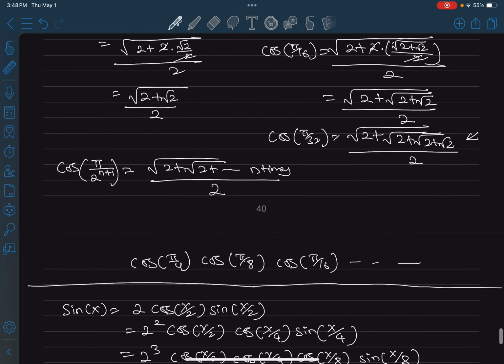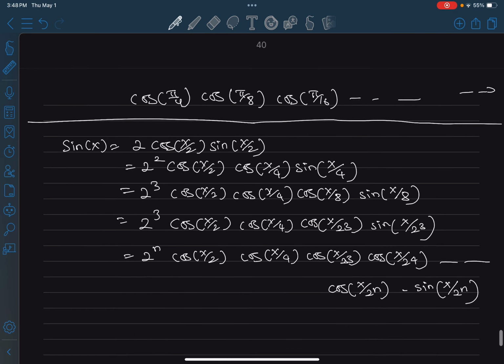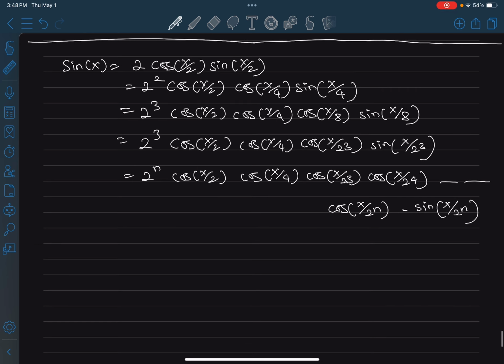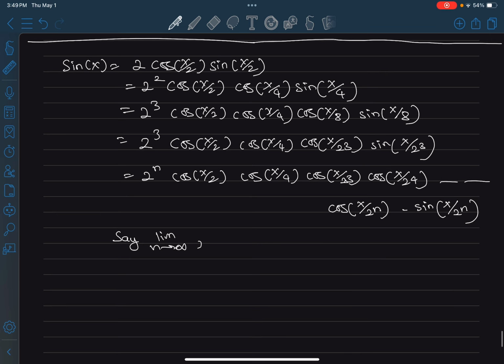Okay, now over here this is just going up to infinity, right? So over here also we want the n to go to infinity. So say in the limit n goes to infinity, let's see what happens in this case. In the limit n goes to infinity, the sine x will basically now be 2 to the power n. We know that this goes to infinity, but just wait and watch.